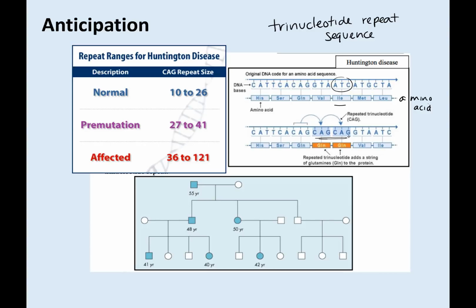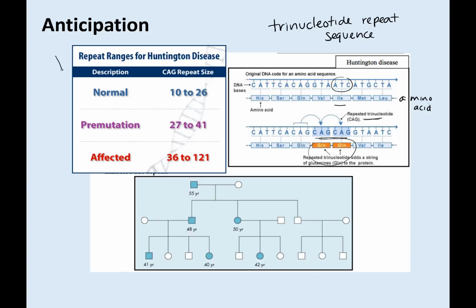And so it may inadvertently add more trinucleotide groups. And what that does to the protein is now it's adding more and more amino acids, and you're losing the function to a greater extent of the protein.